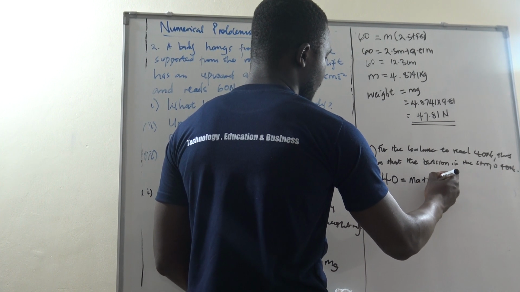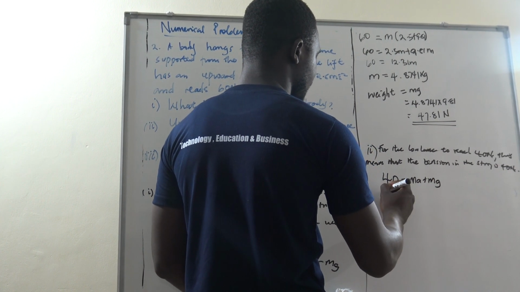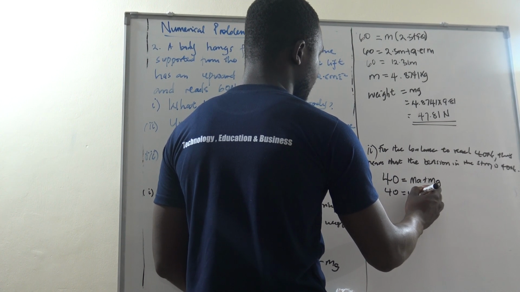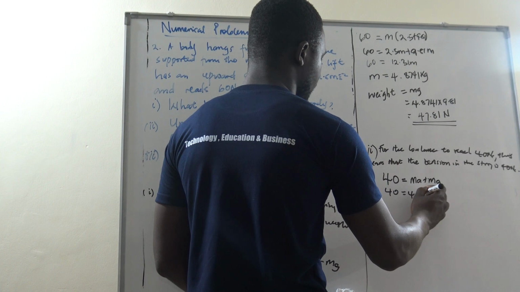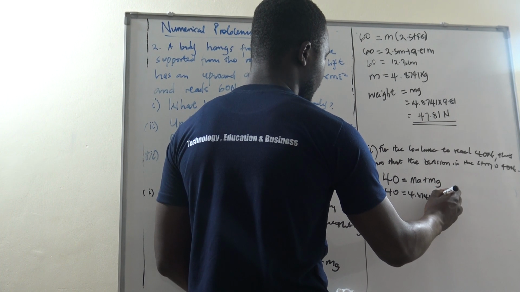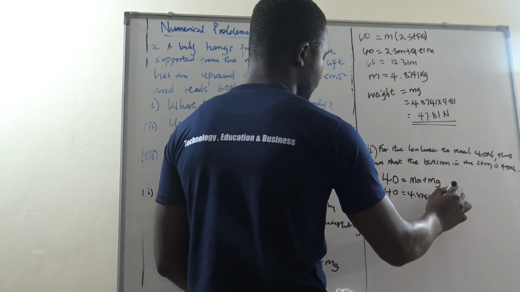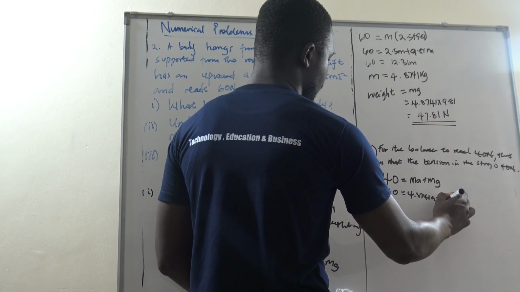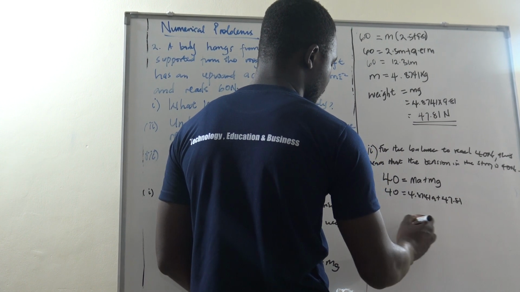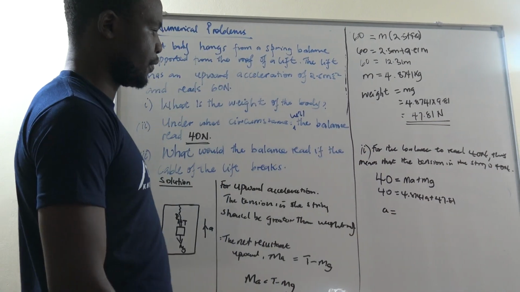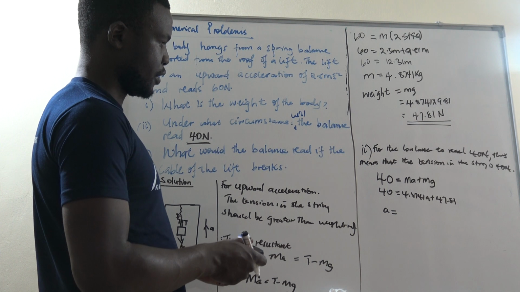So our 40 is equal to 4.8741a plus 47.841. Therefore we calculate for the value of a here.